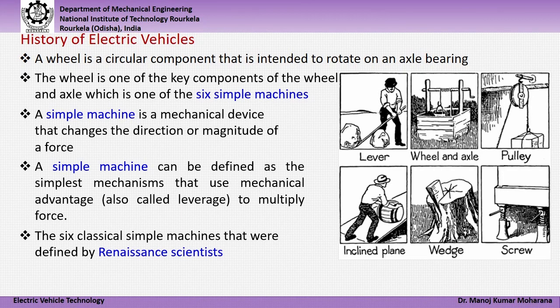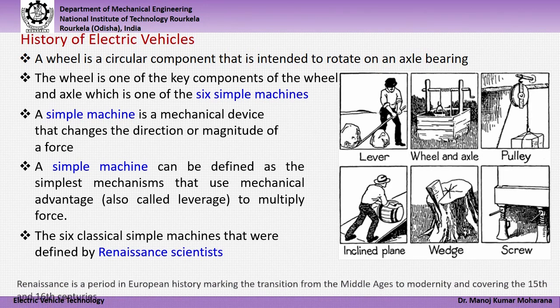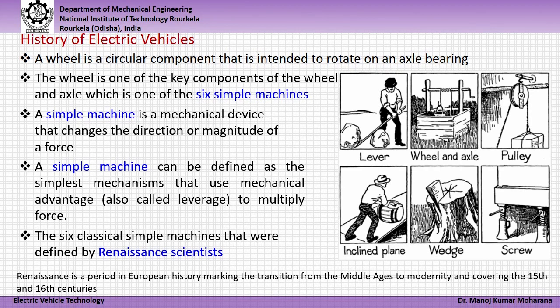These 6 classical machines that are defined here in this diagram by the Renaissance scientists from Europe during the Middle Age to the modern times, covering the period 1500 and 1600 century AD.